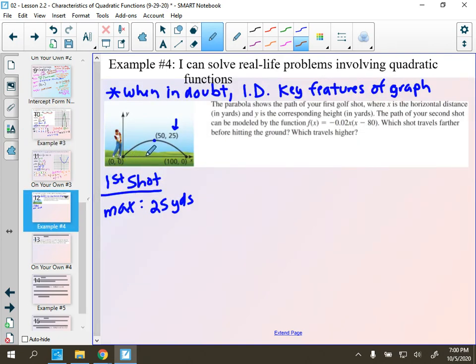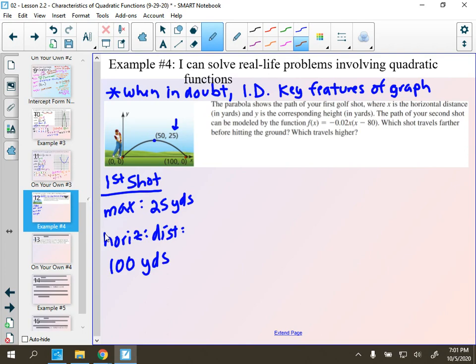The x-intercepts, I know that's not necessarily one of our always key features, but I see there's an x-intercept here and right here. I can tell just by looking at this that horizontally this ball has traveled 100 yards. So let's say it like this: the horizontal distance is 100 yards.